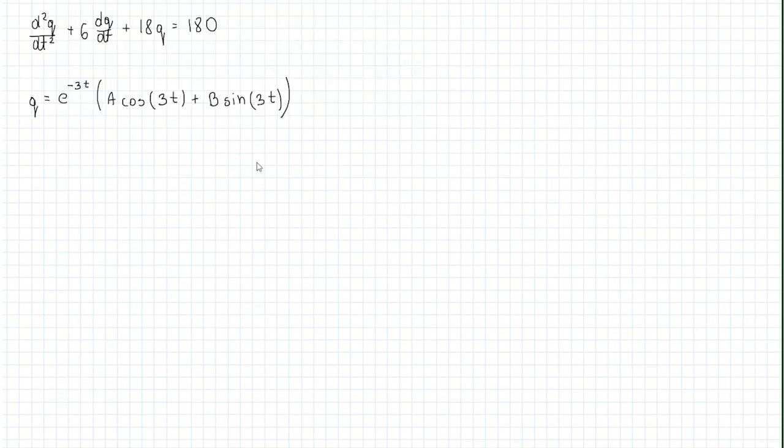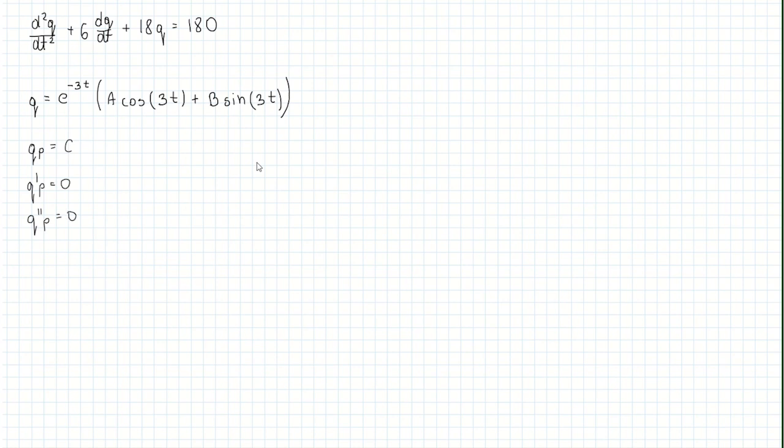Our differential equation is heterogeneous, therefore we need to find a particular solution, and we will do that by suggesting that our particular solution is just a constant. So the first derivative of that is 0, as well as the second derivative, that is also equal to 0.